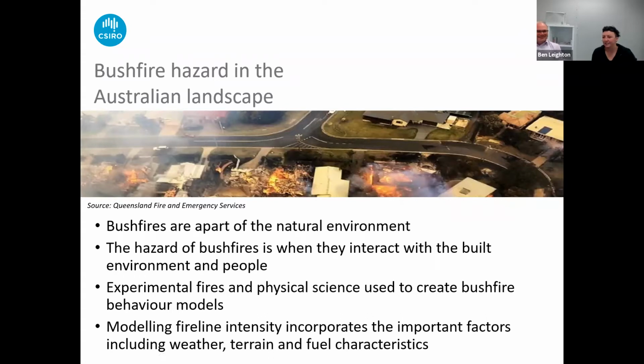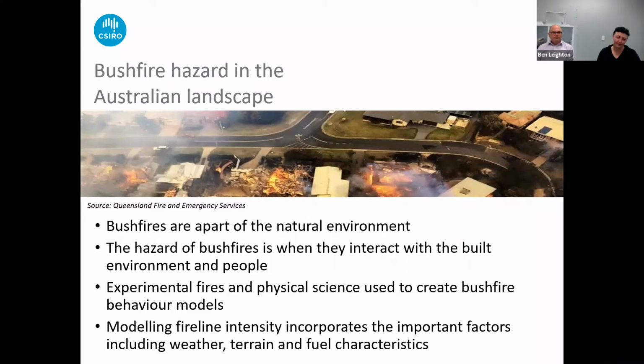It's a problem. So a bit of an overview of why this work was actually undertaken. Bushfires are a natural part of the landscape in Australia, and it's pretty essential ecologically. But bushfires do pose a hazard. They're a hazard when they interact with assets or threaten human life.